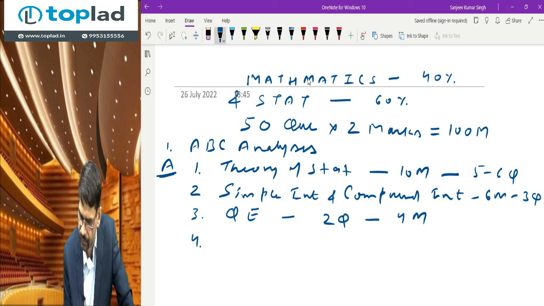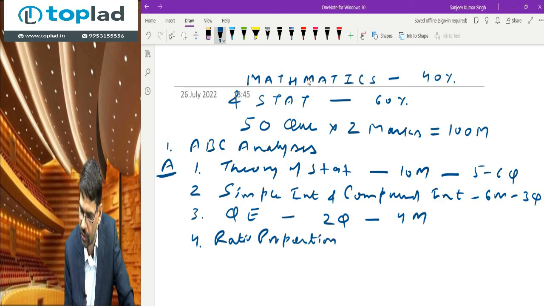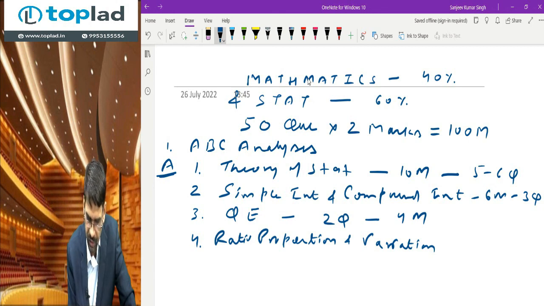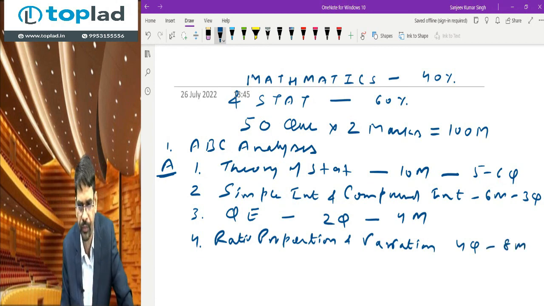And the fourth one is ratio, proportion and variation. From this chapter, our institute asks around 4 questions, which means 8 marks. So this is our A category of chapters.